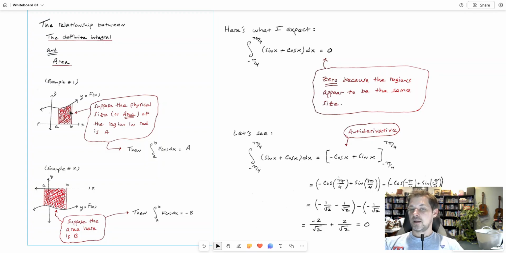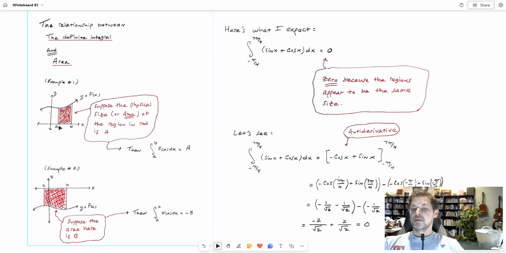Just the area, how big that space is. Then the definite integral from a to b, f of x dx, however you get that answer, has to be capital A. So the integral will tell you that area.